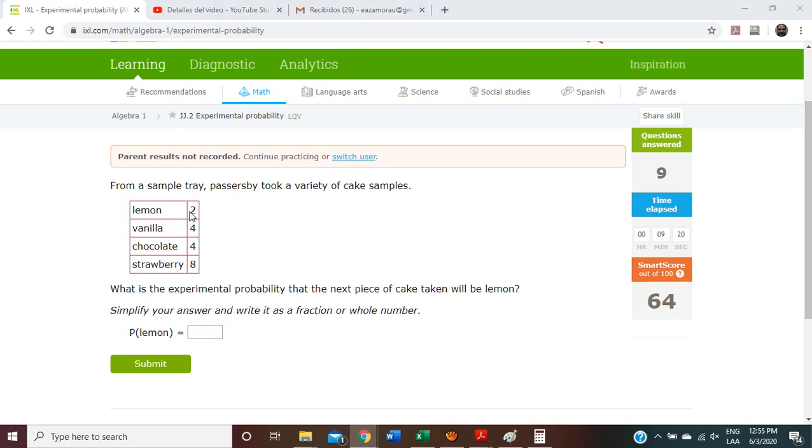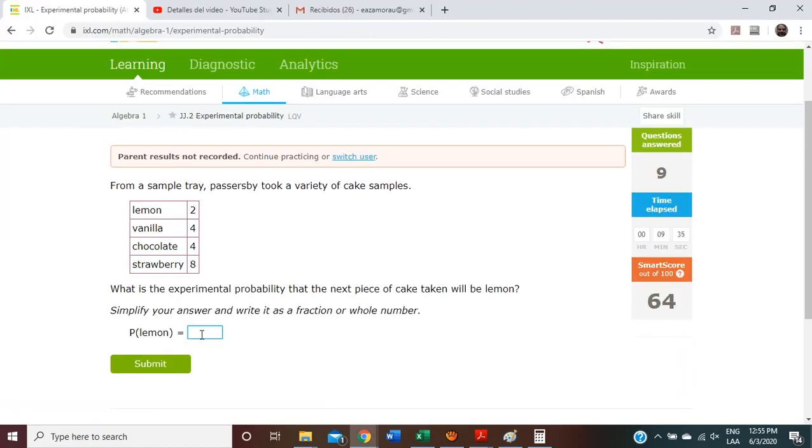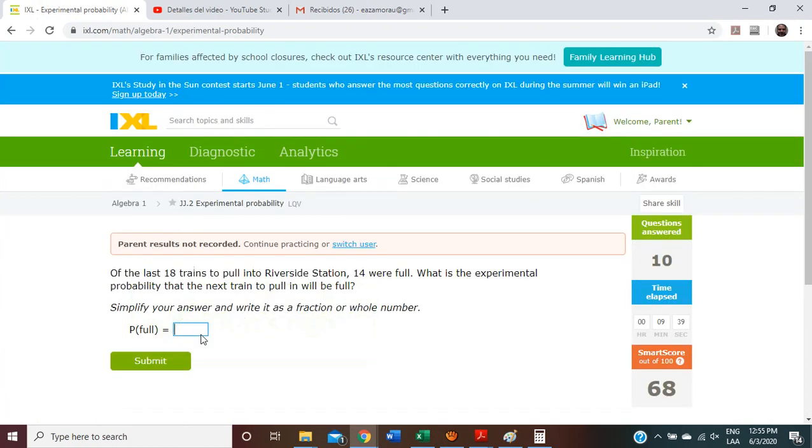So 2 lemons. So the probability is 1/9. Because we simplify this, 2 divided by 2 equals 1, 18 divided by 2 equals 9. So 1/9. Okay, we submit our answer, and actually we have already answered 10 questions.